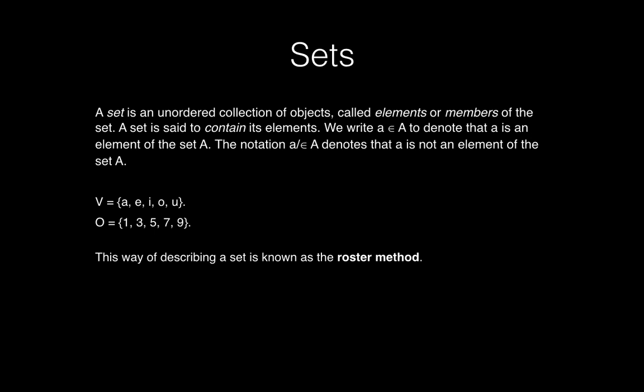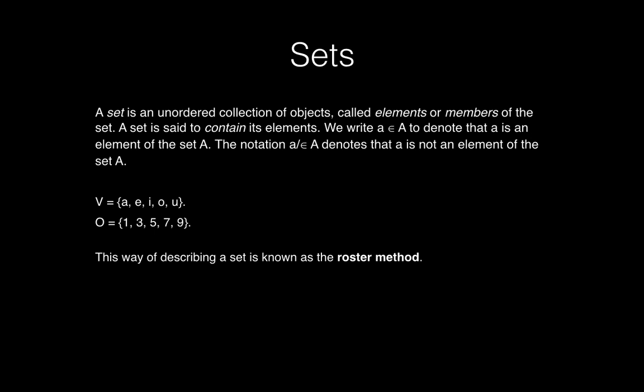For example, in these examples, the first one is a set that contains vowels, so 5 vowels, and the second one is the set which contains positive odd numbers less than 10. So these are the two sets.